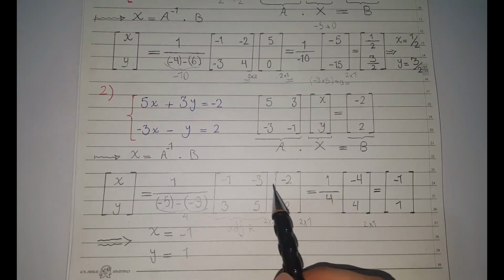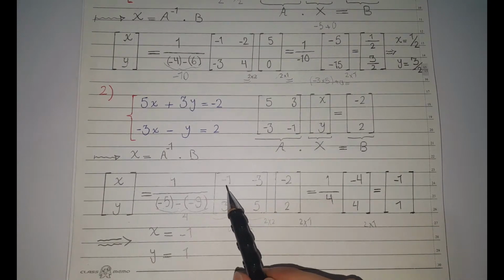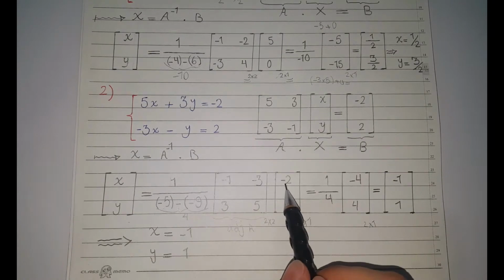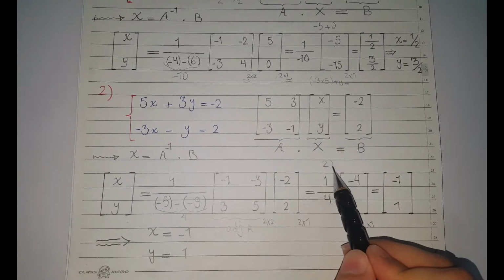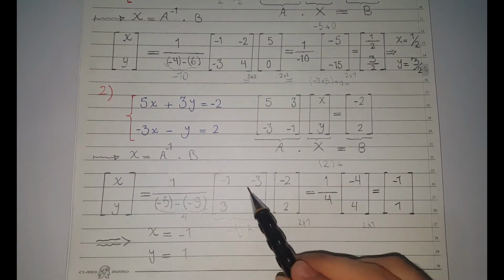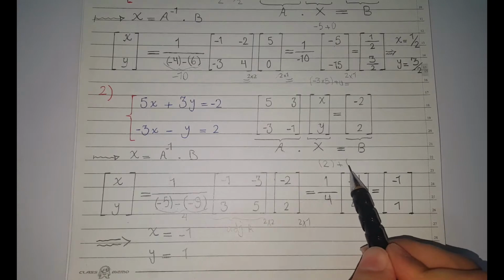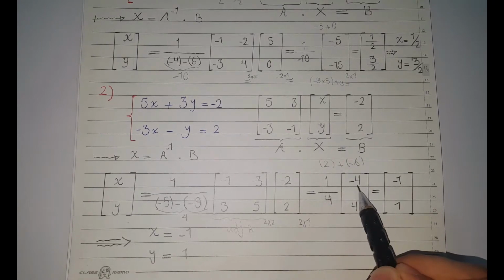Then the answer is going to be 2 by 1, as can be seen here. Let's multiply these two matrices. We have -1 times -2, which is 2, plus -3 times 2, which is -6, overall -4.